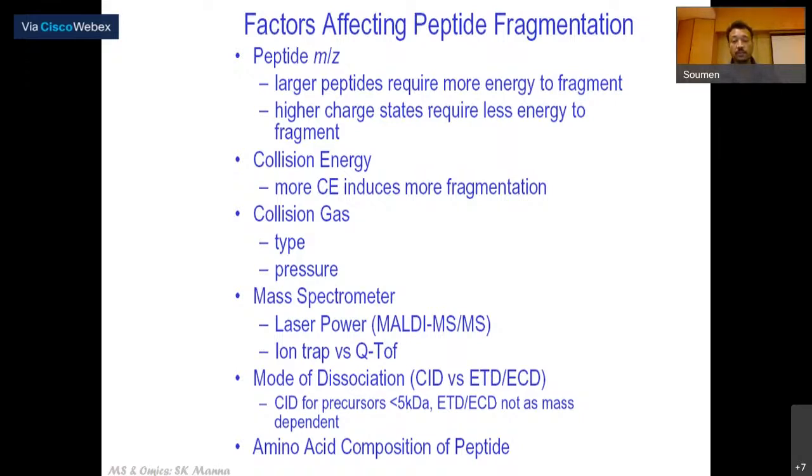There are different types of dissociations, for example, CID or ETD or ECD. CID is typically for precursors like smaller peptides, less than 5 kDa. On the other hand, ETD and ECD can be used for higher ones as well. And of course, the amino acid composition of the peptide, which we discussed.